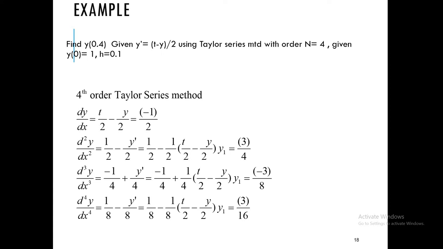Expanding, we get 1 over 8 minus y prime, where y prime is (t minus y over 2). So this will give us 1 over 8 minus t over 16 plus y over 16. Are you following? Yes. Write it down.